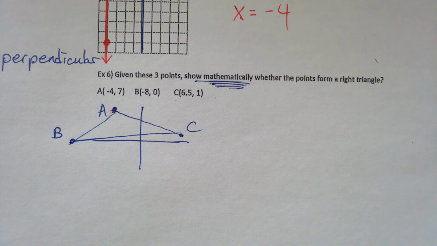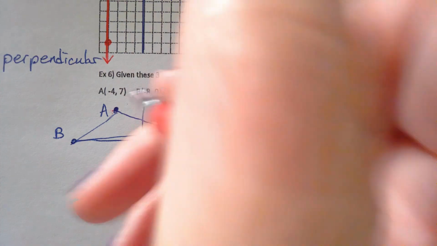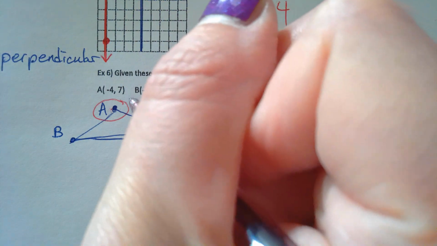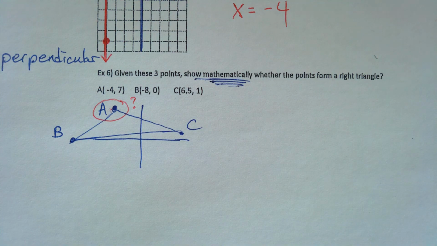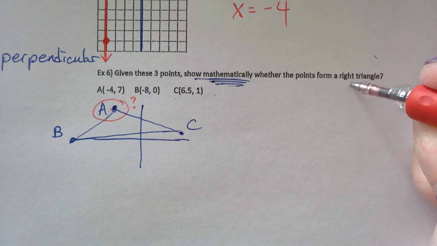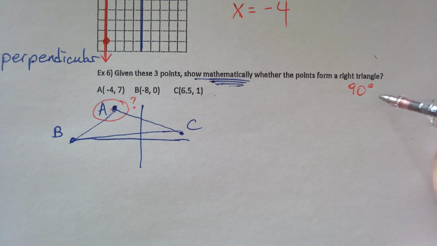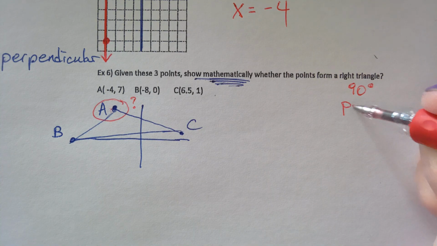Looking at this, which angle looks like it might be a right angle? A, right? So I can check to see if that's 90 degrees. I'm not going to take out my protractor because we don't use it anymore. Based on today's lesson, how do we check if it's perpendicular, if it's 90 degrees? Use m equals y2 minus y1 over x2 minus x1.